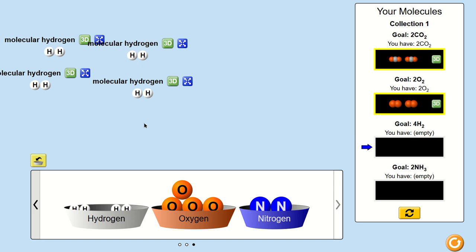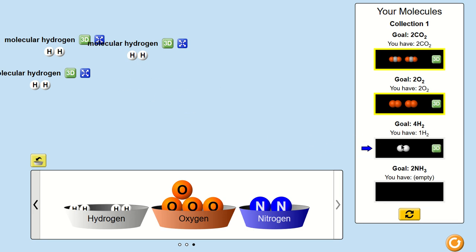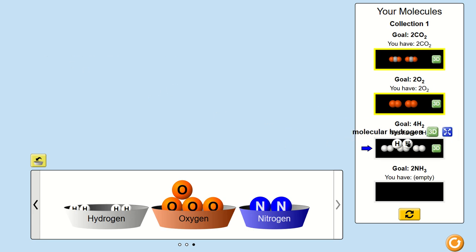And you'll notice that there are, in fact, 8 hydrogen atoms. 1, 2, 3, 4, 5, 6, 7, 8. As noted here, 4 times 2 is 8. Let's see if we're correct. 1 molecular hydrogen, 2 molecular hydrogens, 3 molecular hydrogens, and 4 molecular hydrogens. Yay, we're correct. Happy dance.